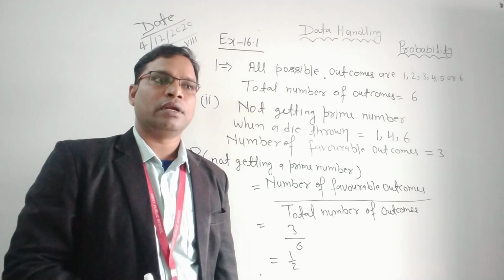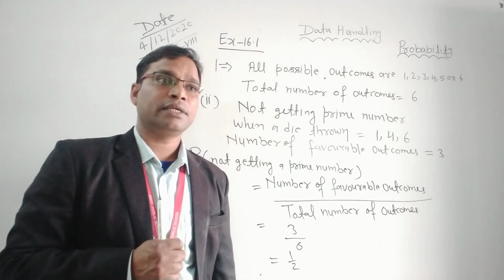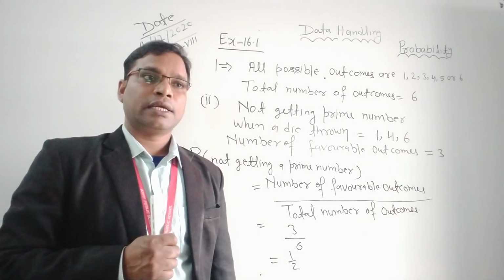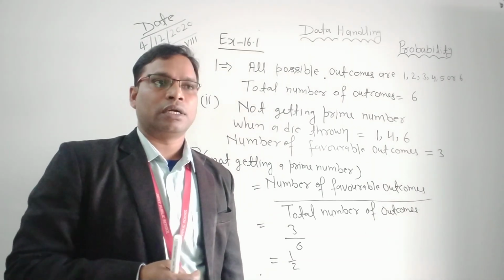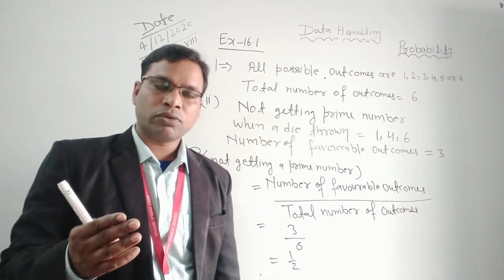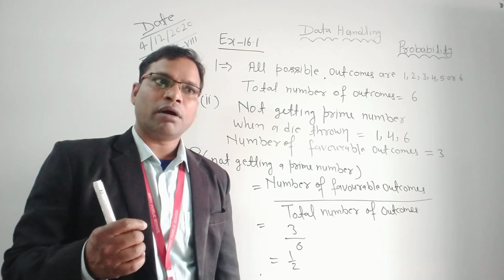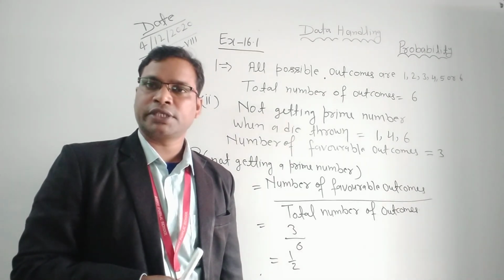Now in this question we need to find the probability of getting a non-prime number when a die is thrown once. So when we throw the die, we obtain all possible outcomes 1, 2, 3, 4, 5 and 6. This is clear.